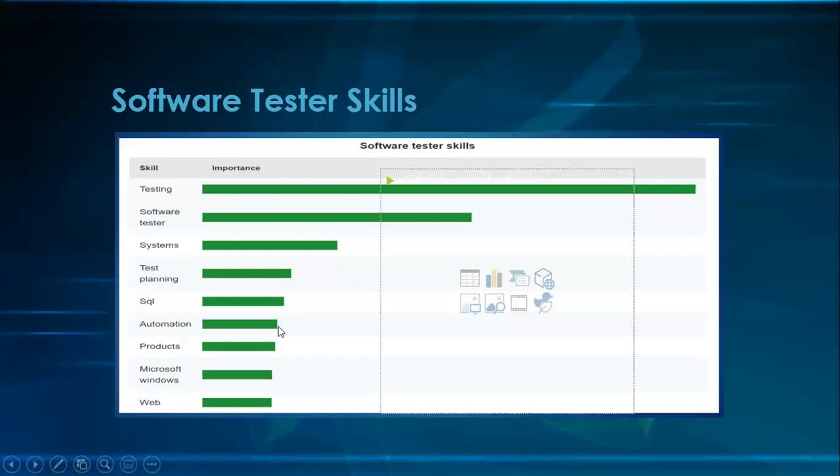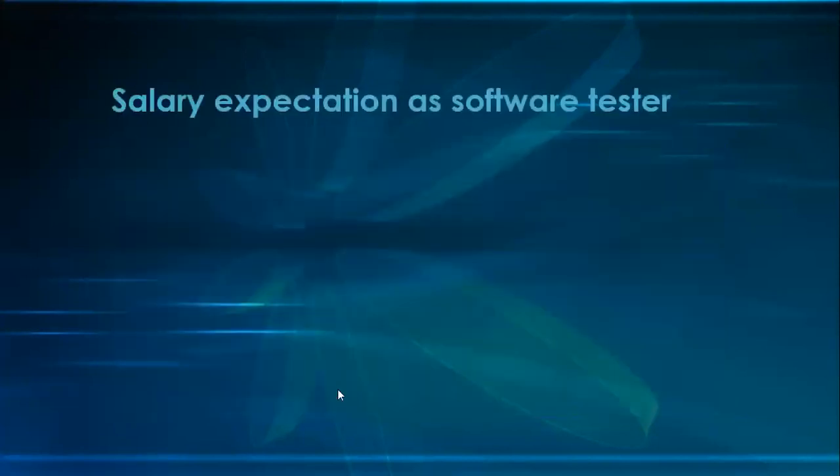Automation testing is going to be part of that. Product knowledge, Microsoft Windows, those are the tools that you're going to use, and we've got the web application. So by and large, the major skill that you need here is testing. I'm still going to take you further.